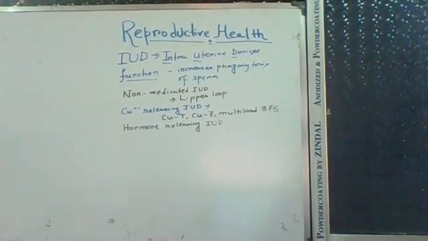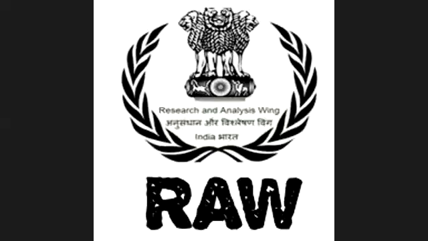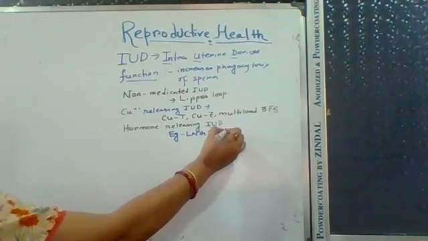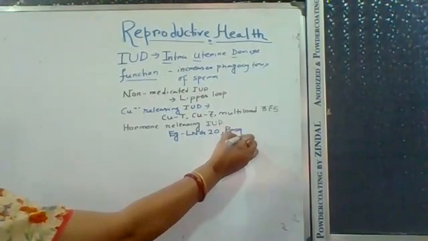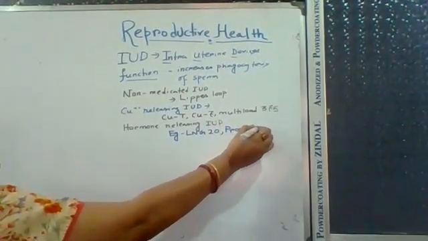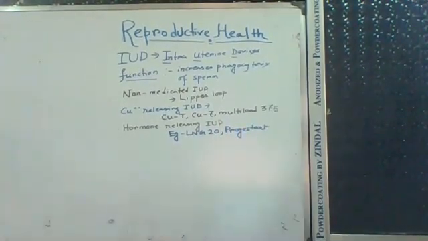So these are progestasert and LNG-20, that make the uterus unsuitable for implantation and the cervix hostile to the sperm.